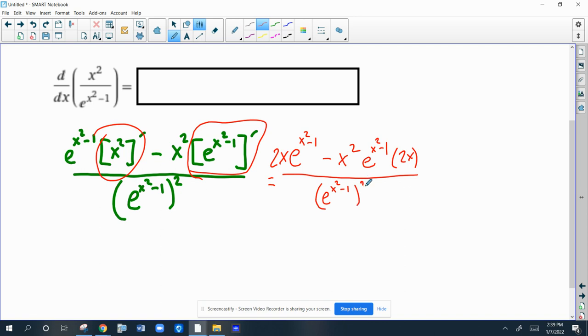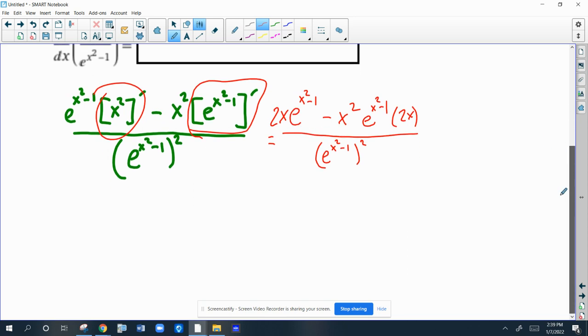So it looks like a lot of times with the exponential function, since it doesn't change, it's going to be definitely factorable. So the top has some, usually I'll clean it up, but at this point I see each term has a 2x and an e to the x squared minus 1, so we can just factor that out immediately. 2x e to the x squared minus 1.